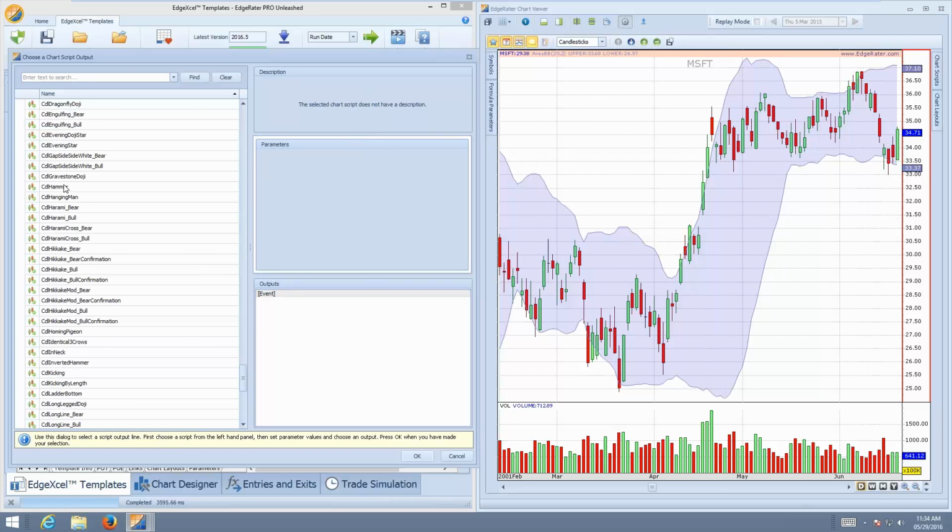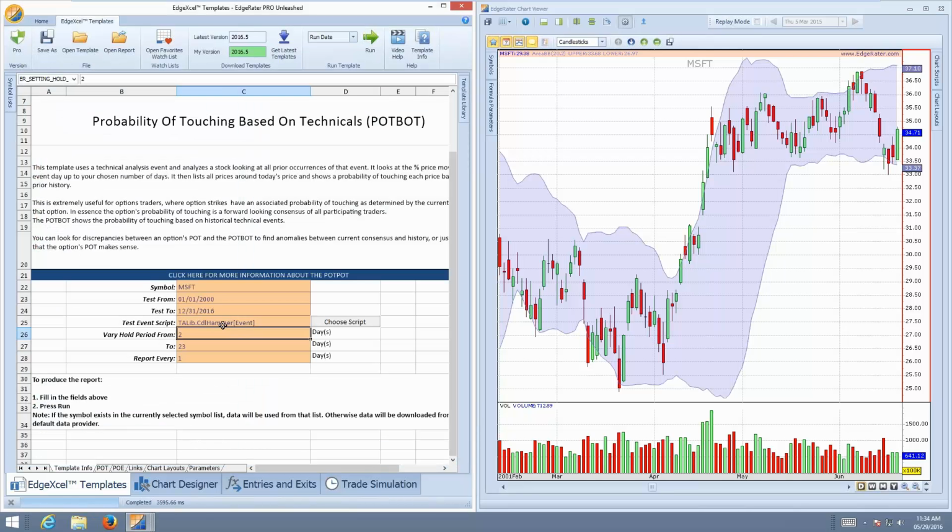So you could look at hammer candles. Let's just take that as an example. I'm looking for hammers in Microsoft between 2000 and 2016. How significant is that candle? Let's run the test.